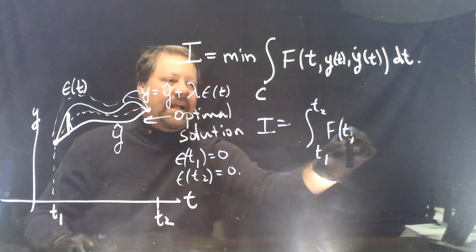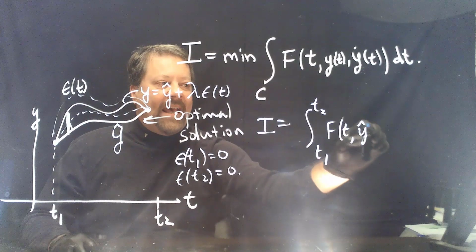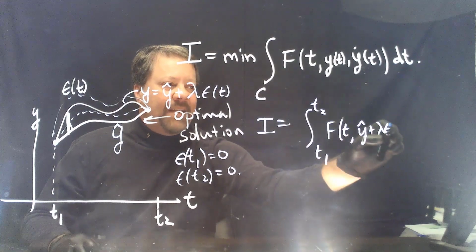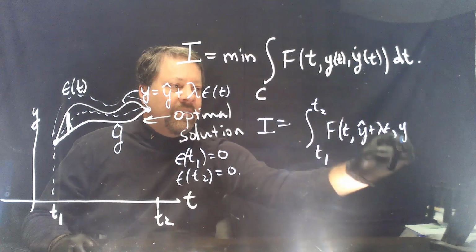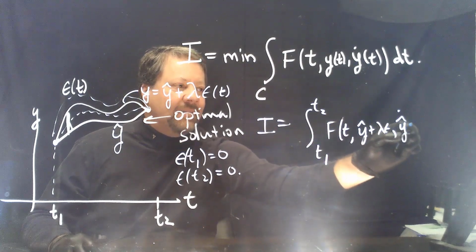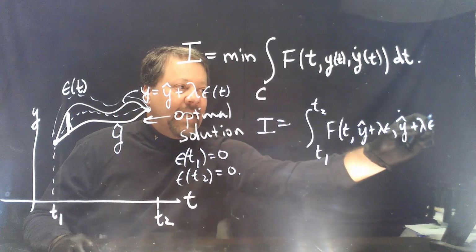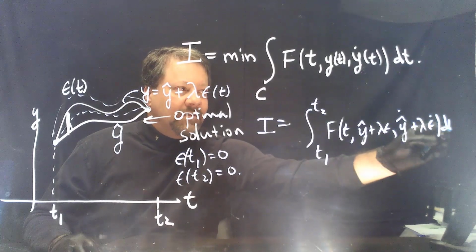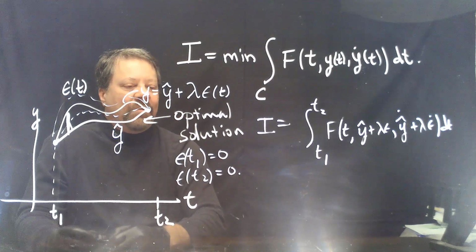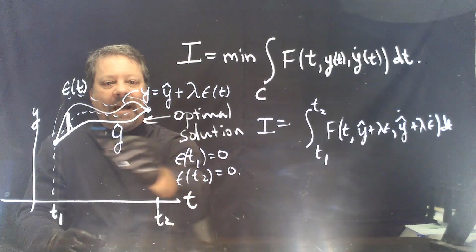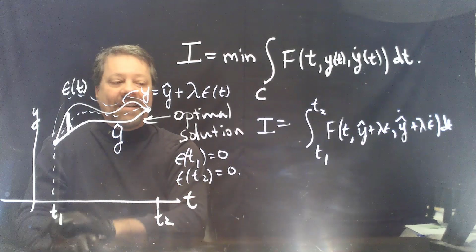We'll have y hat plus lambda epsilon, and then for the derivative, it's y hat dot plus lambda epsilon dot. Now, we're supposing that this y hat is the best solution.